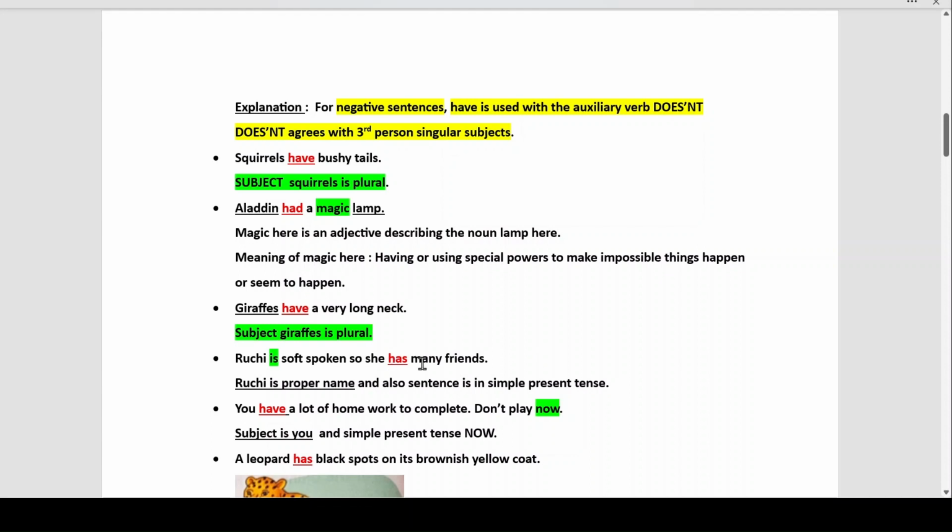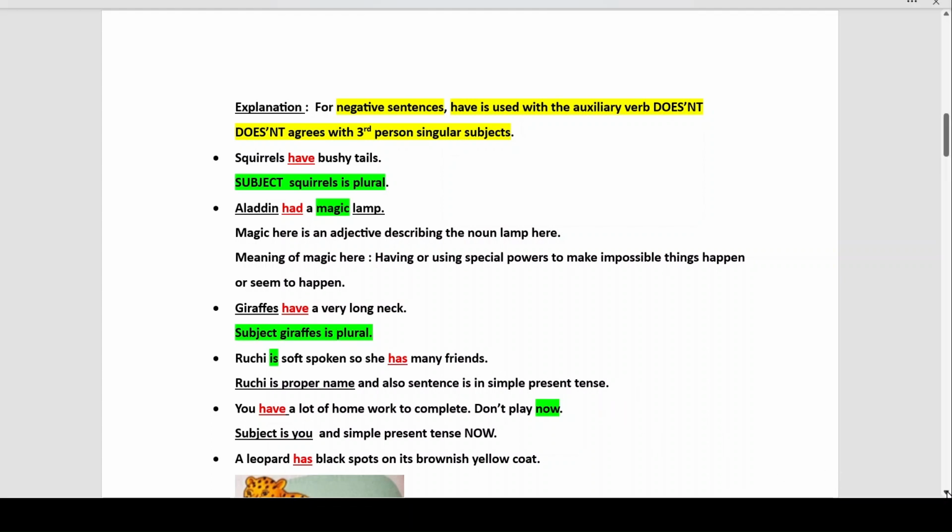Now, why are we writing has over here and not had? Because though Ruchi is your proper noun, and we have read that after proper noun we have to write has. Okay, but the main determining factor is that the sentence is in simple present tense. Ruchi is soft spoken, so she has many friends.